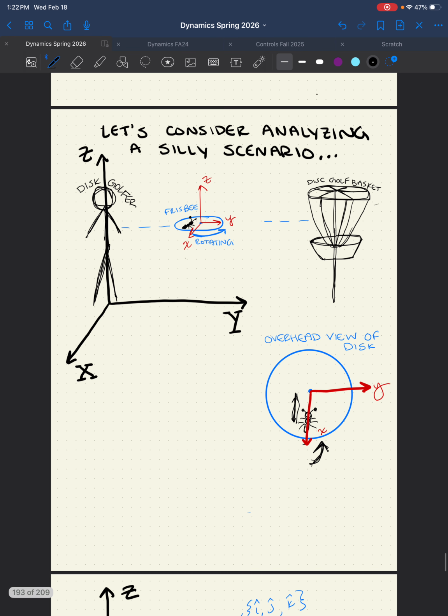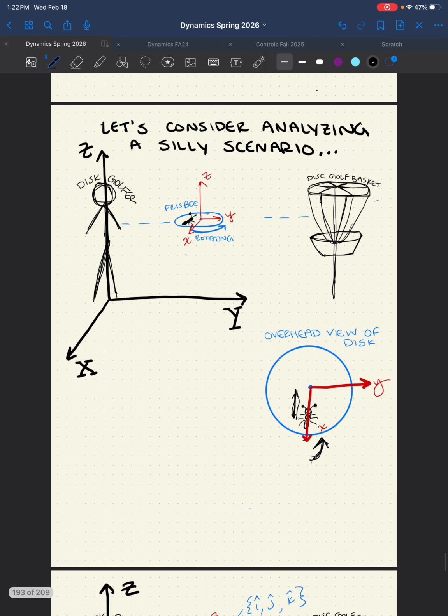Okay, so this is important because the movement of the ant is basically very, very simple relative to the disk. So relative to the disk, you're only moving in the X direction, forward and backwards. However, we know when we start to worry about forces, that we need to analyze the motion of the ant from an inertial reference frame, not from this reference frame that's rotating and moving with the Frisbee.